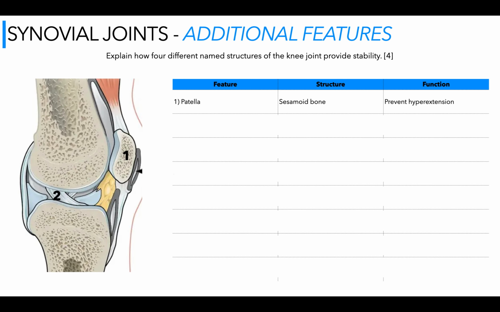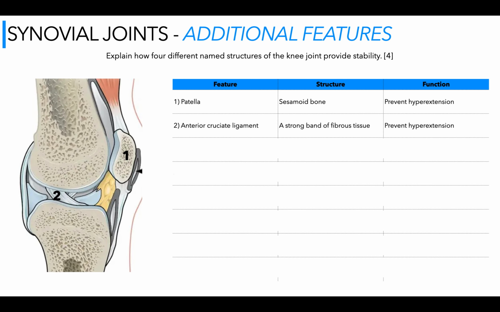Number 2. Now this is a ligament, and it's the anterior cruciate ligament. Anterior meaning towards the front. So it's the front cruciate ligament, and that, as we know for ligament, is a strong band of fibrous tissue, and it's playing a role of preventing hyperextension along with the patella.